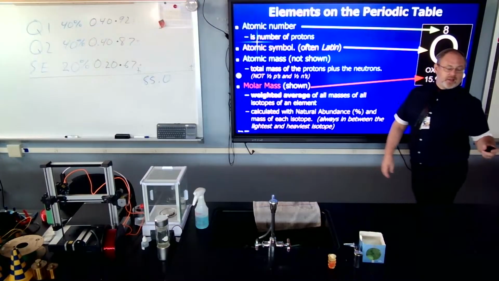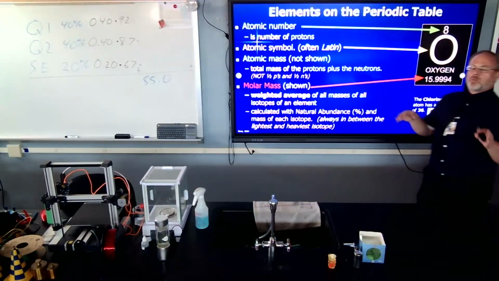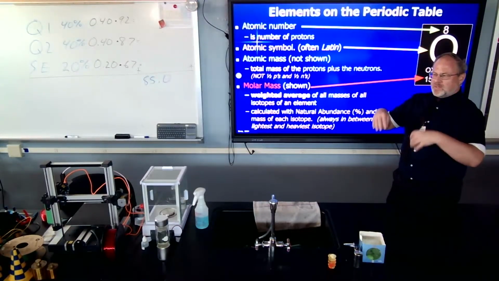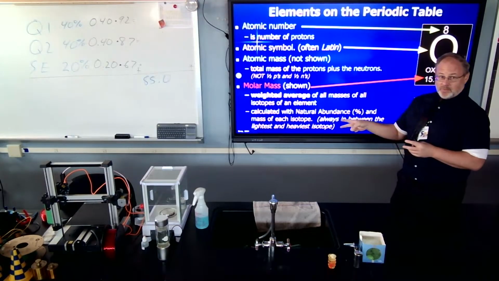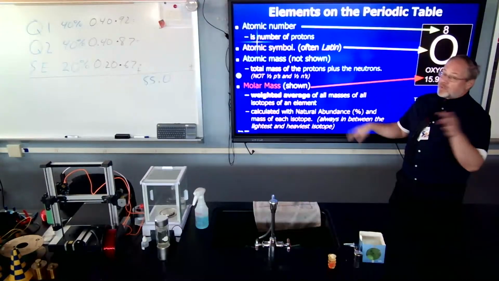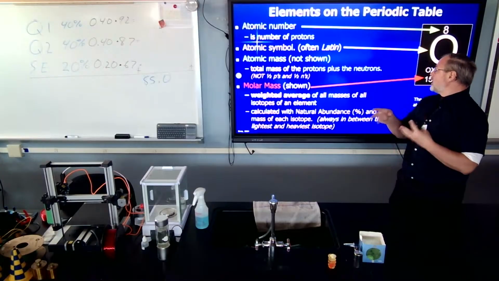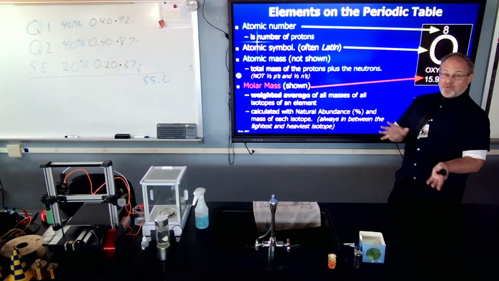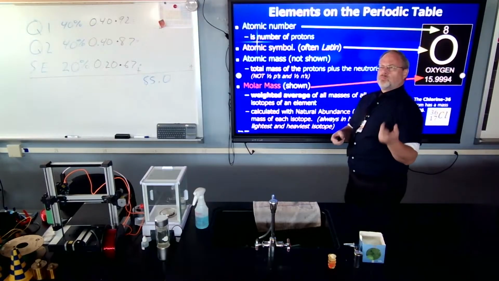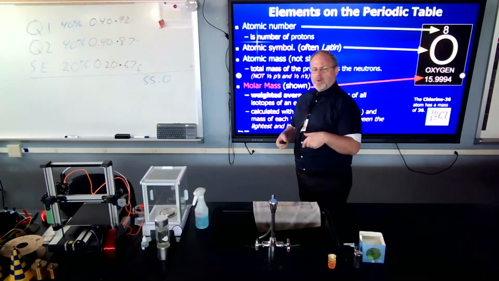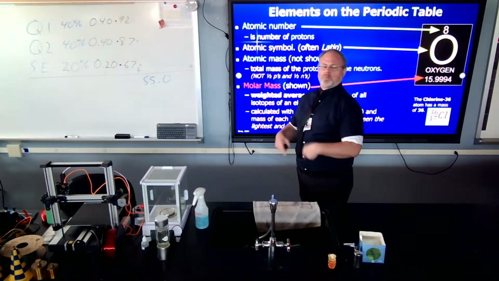So with isotopes, the number we give to how much of it is on this planet is called natural abundance. And this number is constantly being reinvestigated for pretty much every element. In fact, that was one of the test questions you had last unit.